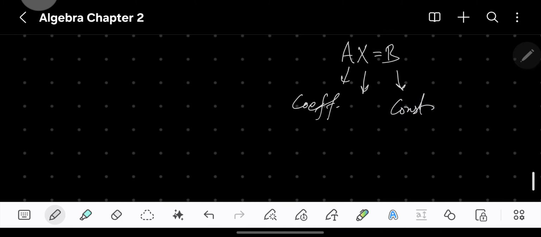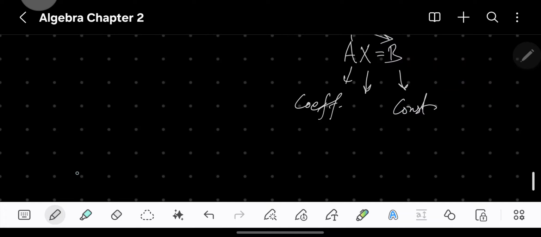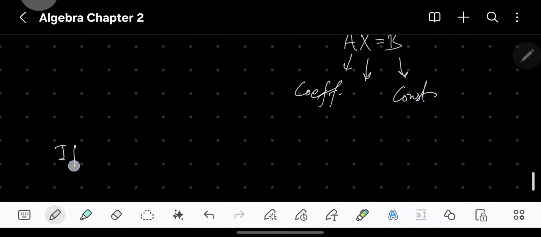So if we write A augmented with B, this is the matrix which is called the augmented matrix, the matrix augmented by the coefficients and the constant matrices.